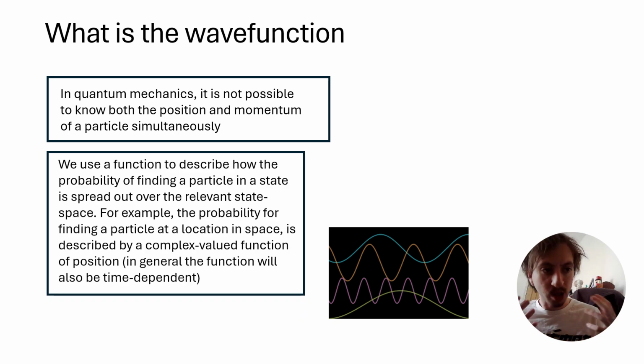Now, since position and momentum seem to be spread out, if you like, for the particle, or I should say the particle's position and momentum is spread out, we really need a function to describe this, to describe the spread out nature of position and momentum, because that's what functions can do. Functions are naturally spread out. Like if you look at a quadratic function or a cubic function, they're spread out in space.